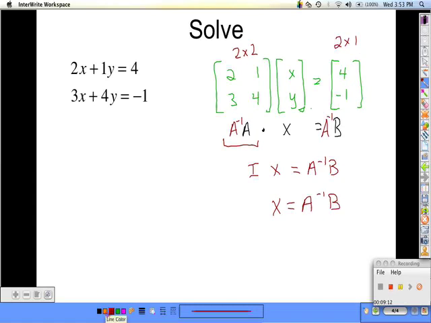So let's go and find the inverse of matrix A. 1 divided by the determinant, which would be 8 minus 3, times the main diagonal elements swapped and the other two made opposite.